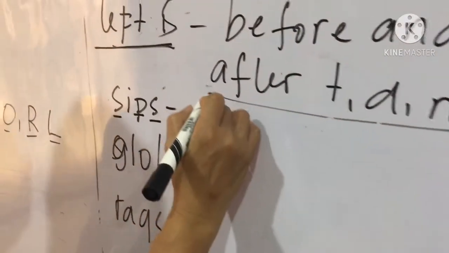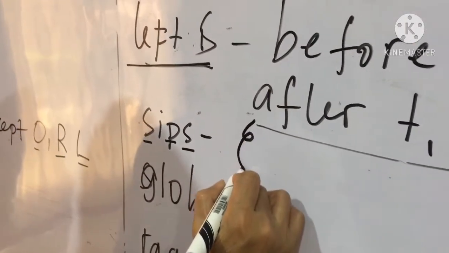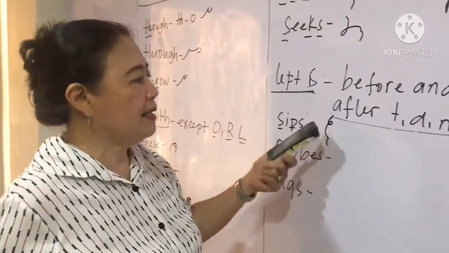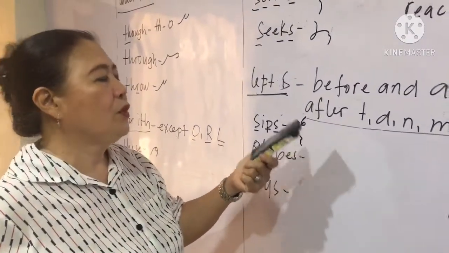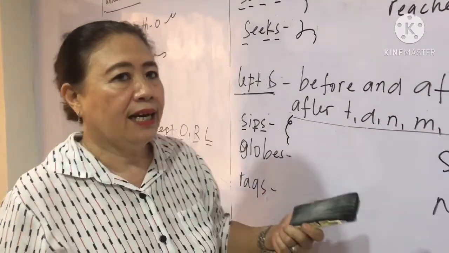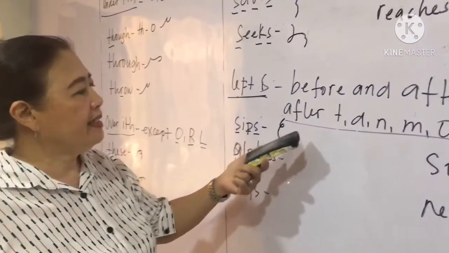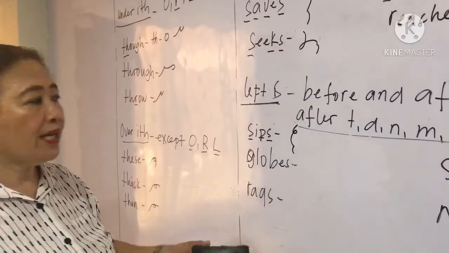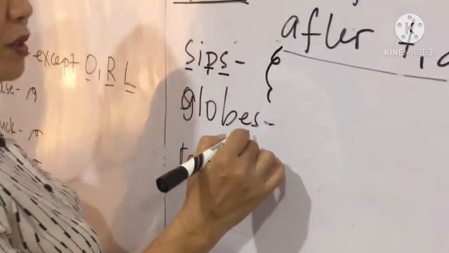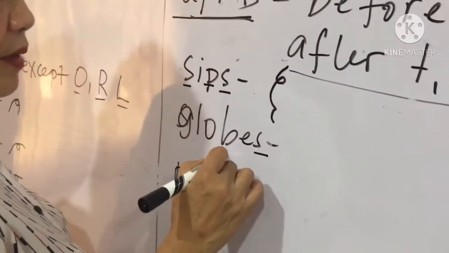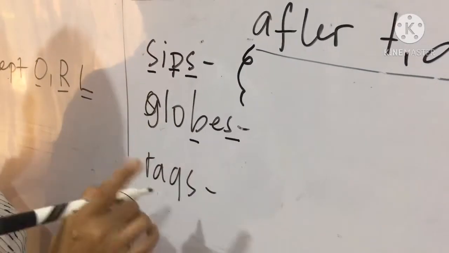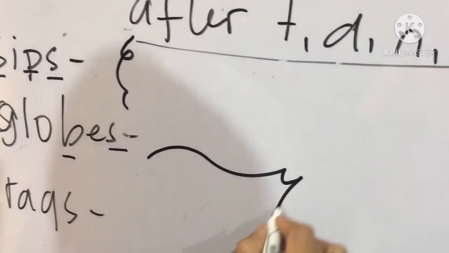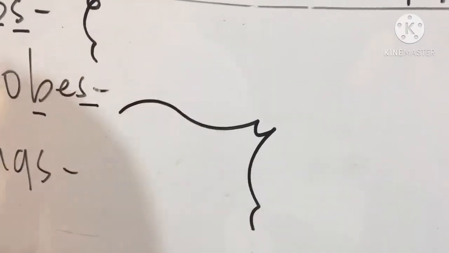Again, so left S, counter E, P, and the S. So when you use the left S, there is a circle, so you have to use the direction of writing the E or A or any circle counterclockwise. Globe. There is an S after the B, so therefore you have to use the left S. So we have G, L, O, B, and left S.